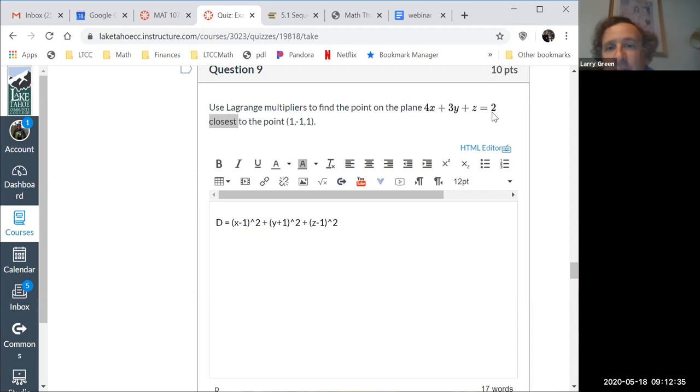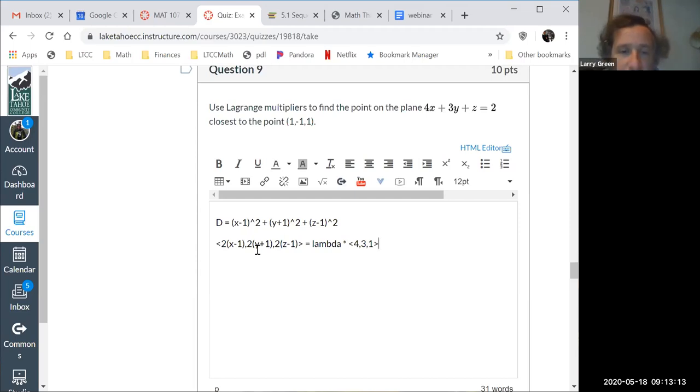to lambda times the gradient of the plane, the constraint function. So that's going to be, sorry, with vector, 2 times x minus 1, comma 2 times y plus 1, comma 2 times z minus 1 is equal to lambda times <4, 3, 1>.